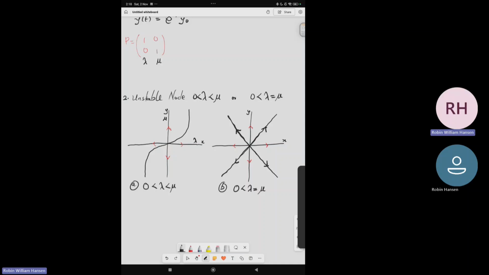Our solution will start this way. As it approaches infinity, it will be parallel to mu. The same would happen for the opposite side. So we'll have something like this.